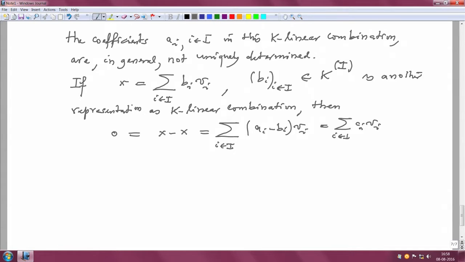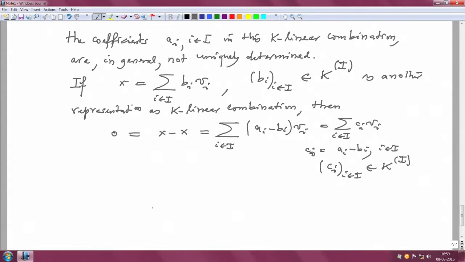I am just calling c_i equal to a_i minus b_i, i in I, and this will also be in K power round bracket I. If some c_i were non-zero, then you get a non-trivial representation of 0 as a linear combination of the v_i.